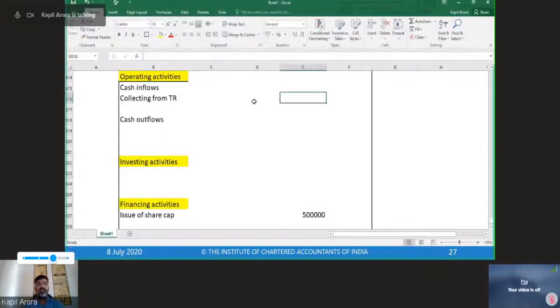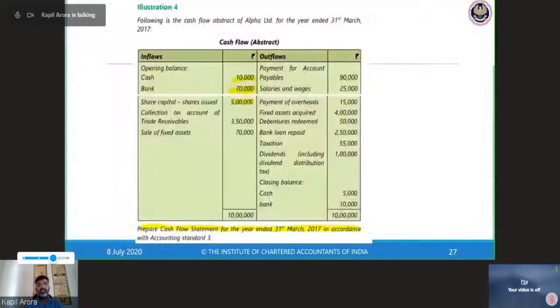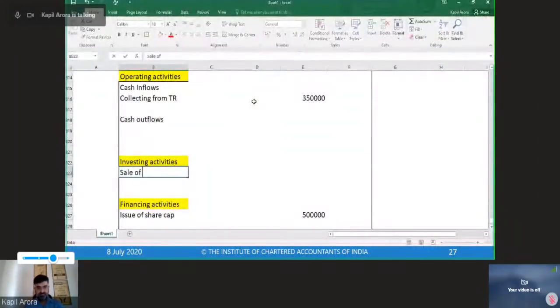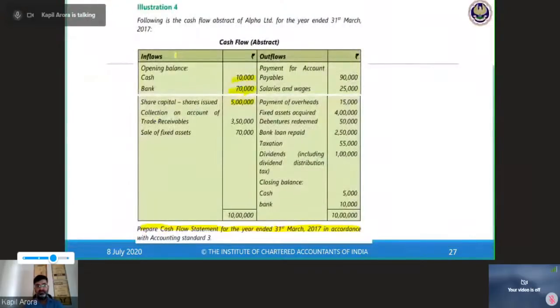Sale of fixed assets is my investing activities, which is 70,000. So we have recorded all the items of inflows. Let's look at the outflows.